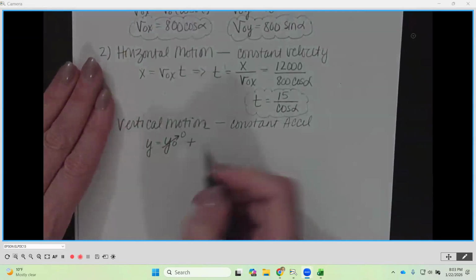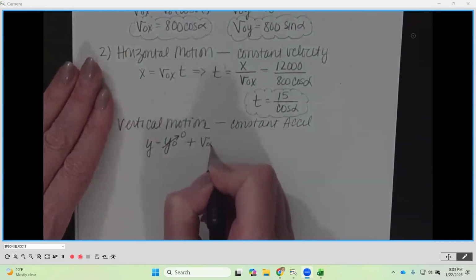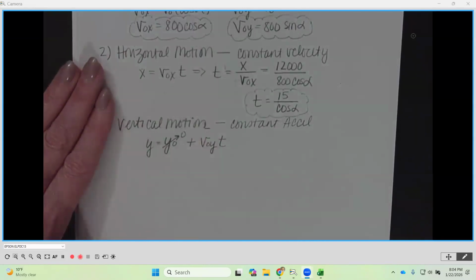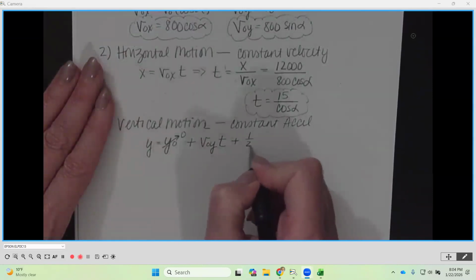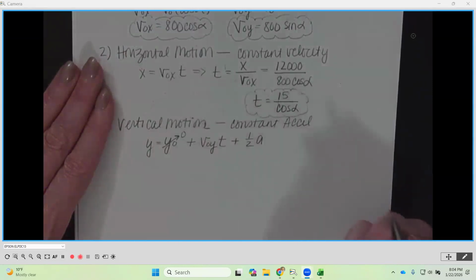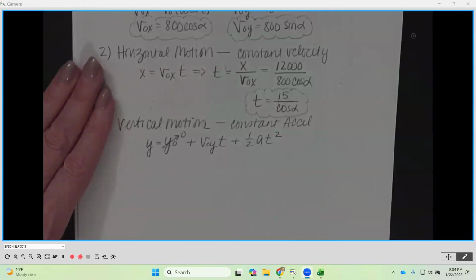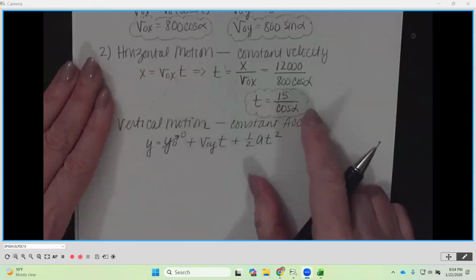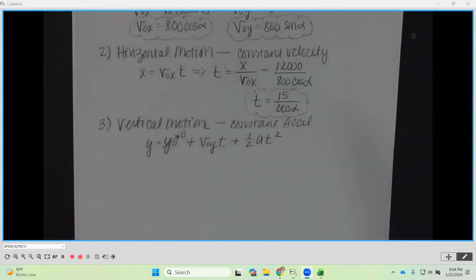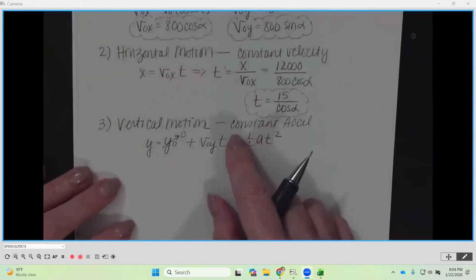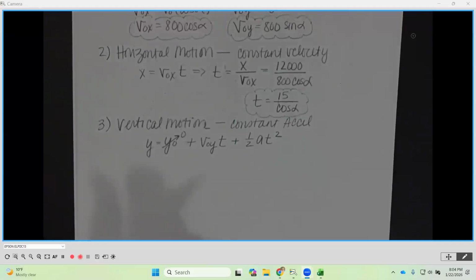It's going to be plus our original velocity in the y component times the time, okay, that we're looking at, plus 1/2 acceleration due to gravity times time squared. Okay. Now, because we have the time up here, all right, horizontally and vertically, that's the total time. We can use that and substitute it into those t's there, okay?